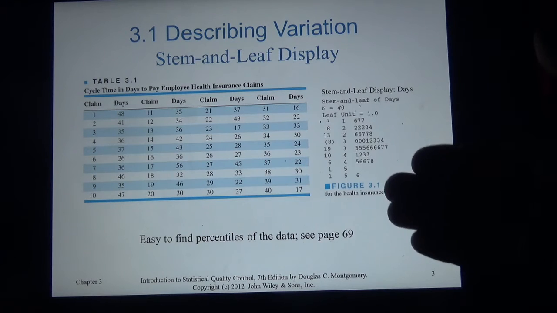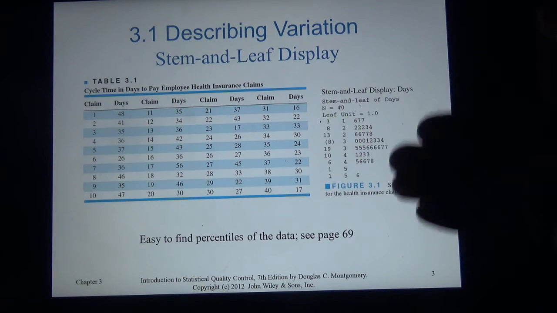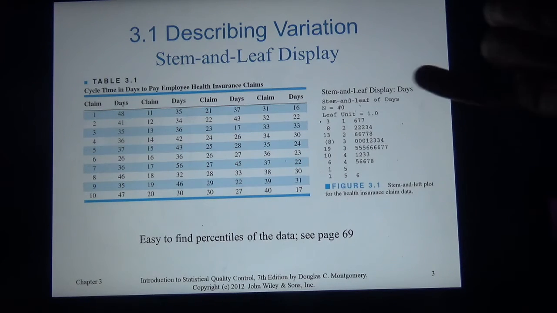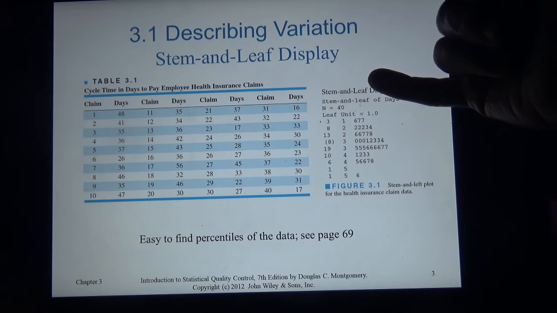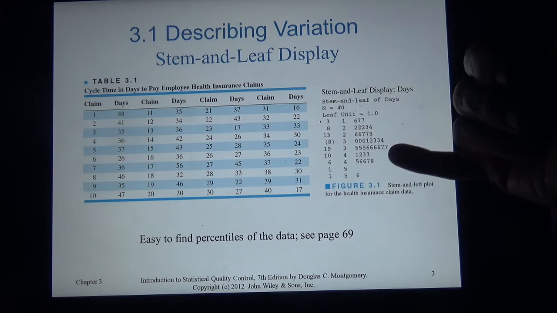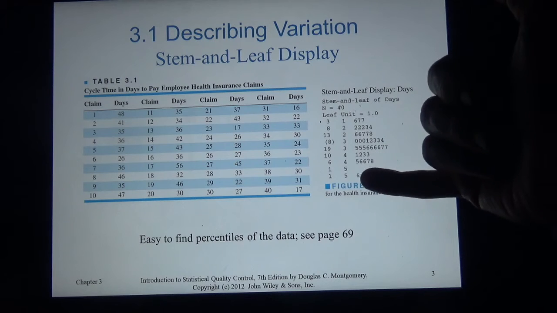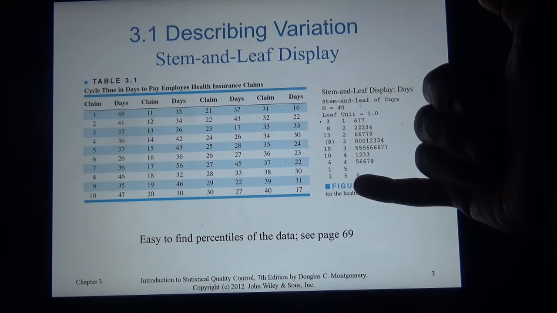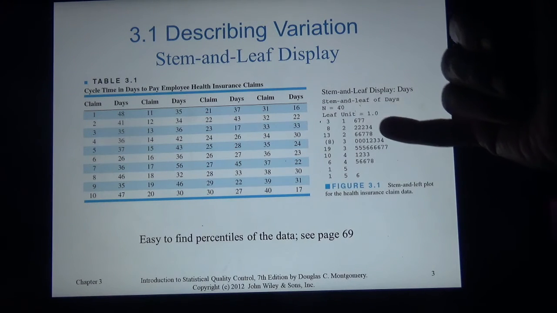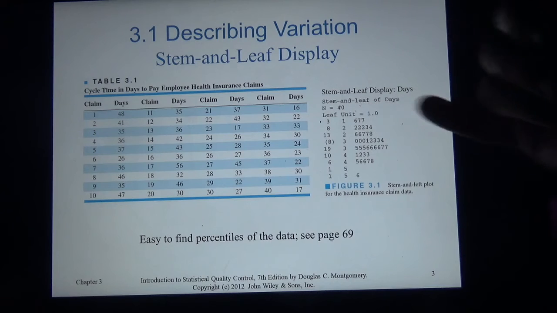After we finish the stem and leaf diagram, we try to see some kind of pattern that looks like a normal diagram like this. In our example, it fits with the normal diagram.